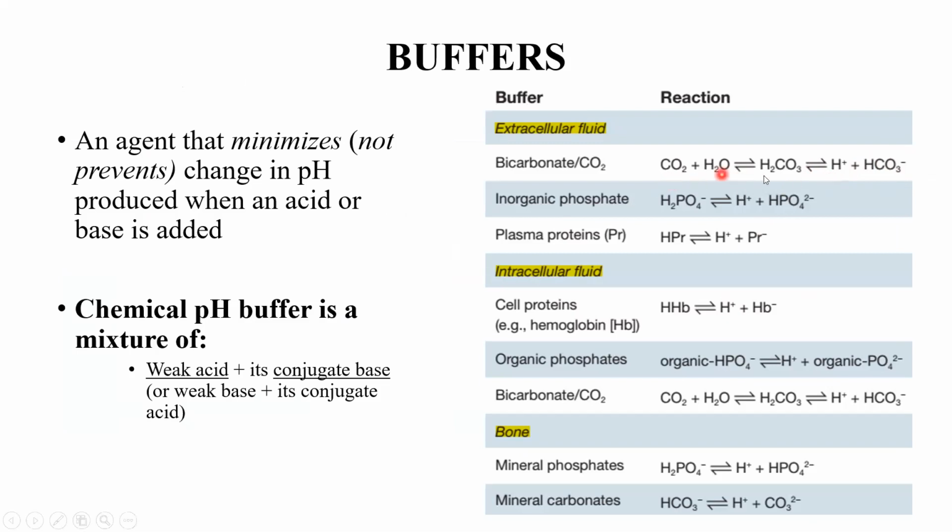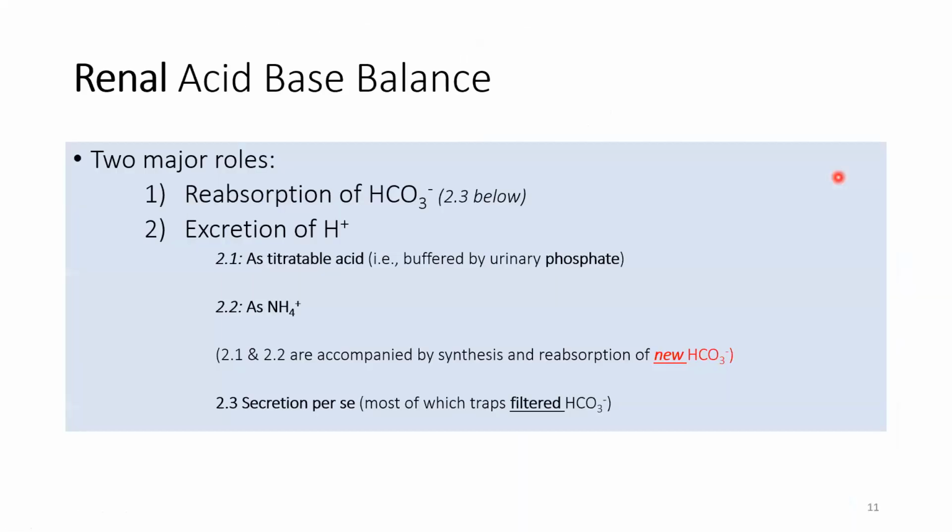The buffer system won't work. It needs bicarbonate. When hydrogen comes, it's the bicarbonate that gives up its life, so to say, and makes carbonic acid, and then it dissociates into carbon dioxide and water. You exhale carbon dioxide and water, which we welcome anyway. So really, it's this chap here which is crucial, and you lose it every time you have a hydrogen hitting the ECF, right? So reabsorption of bicarbonate.